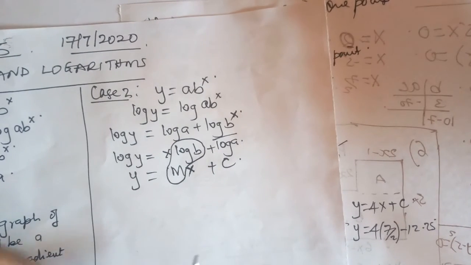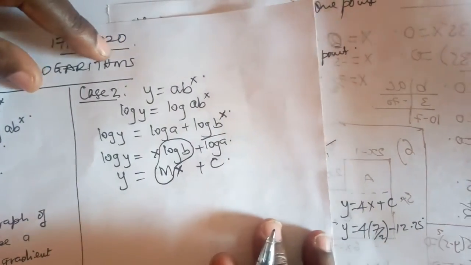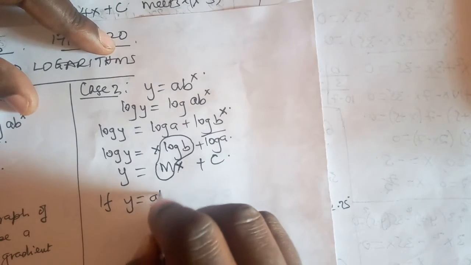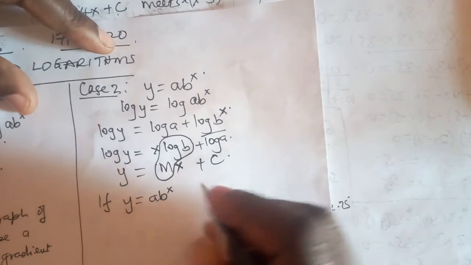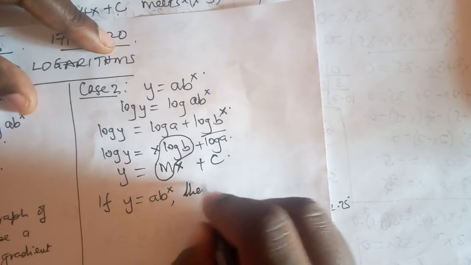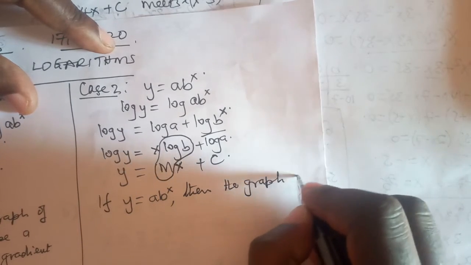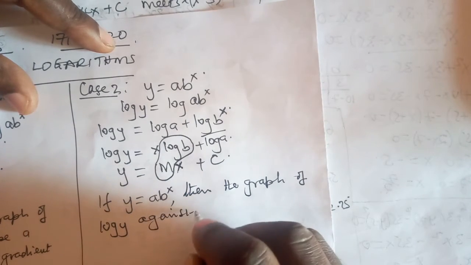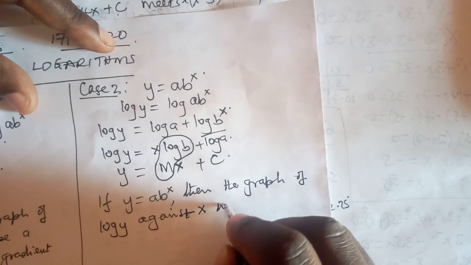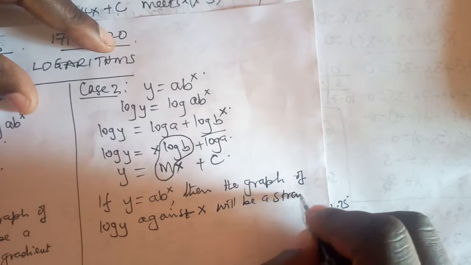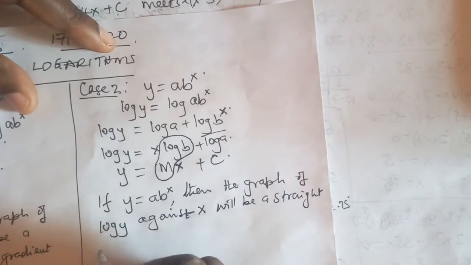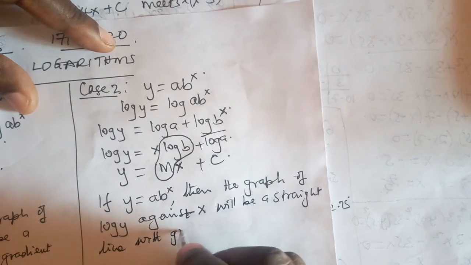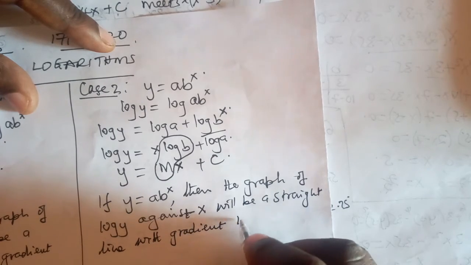It goes without saying. So what are we simply saying? We are saying that if y equals ab raised to power x, then the graph of log y against x will be a straight line with gradient log b.